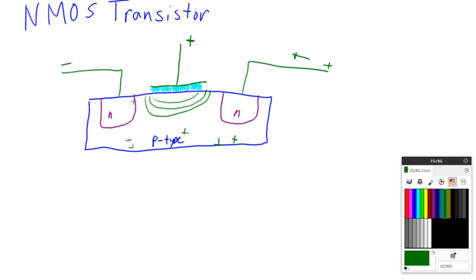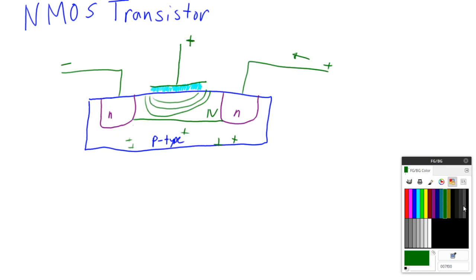And that makes this like an N type of material. And if we have all the same type of material, then current can flow through. So when this is a 0 or this is a minus, current cannot flow. When it's a 1, current can flow.